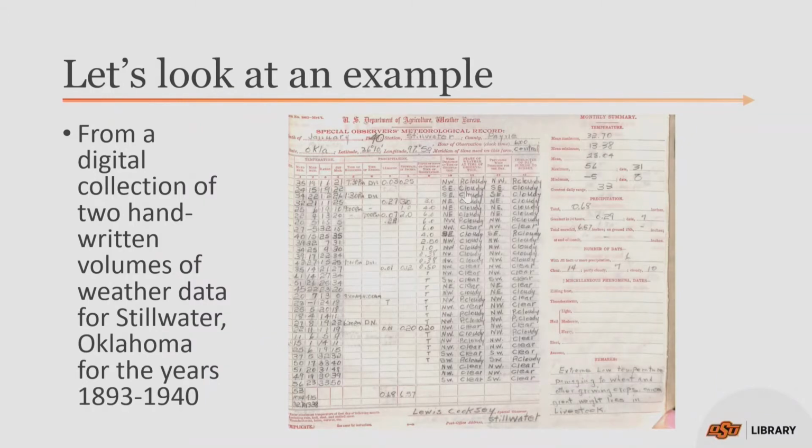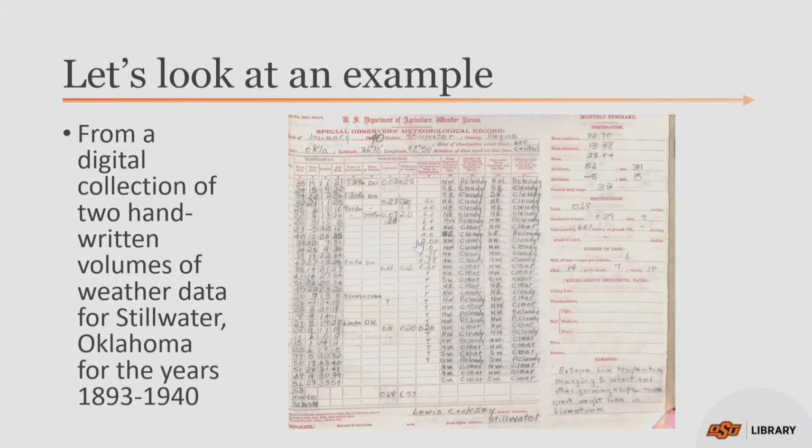So let's start with an example. This is really starting from the very beginning. This is a project undertaken by the OSU library that I think is a particularly cool one, and I'm happy to draw your attention to it.